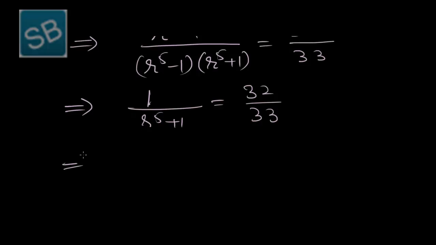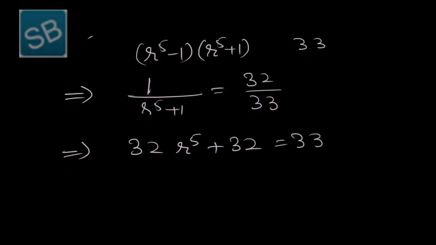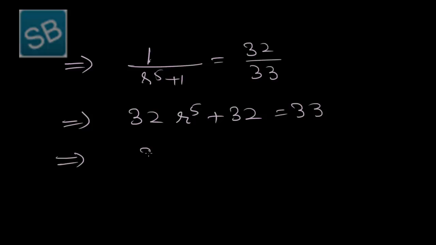That gives 32 R raised to power 5 plus 32 is equal to 33. That gives 32 R raised to power 5 is equal to 33 minus 32.